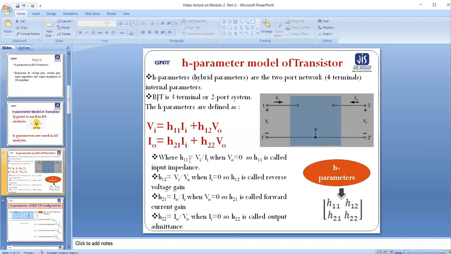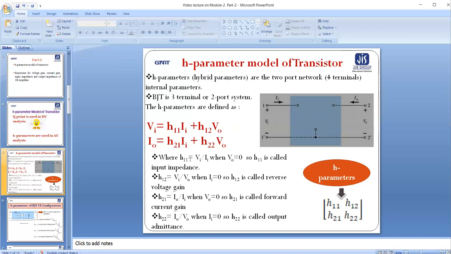So we can describe H11 as VI by II, because we have shorted the output terminals, so V naught becomes 0. So H11 can be described as VI by II when V naught equals 0.